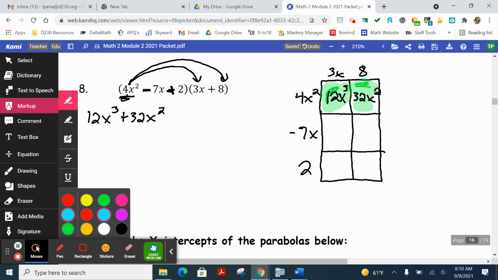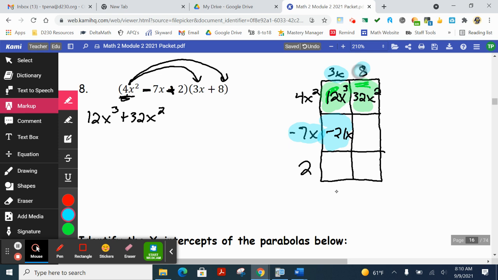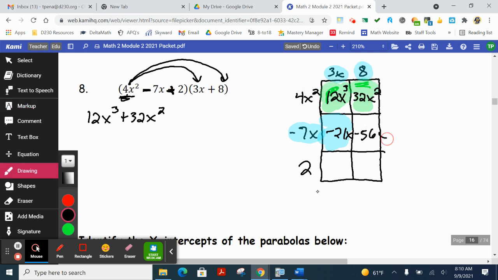Let's revisit that area model. If I now asked you for the area of this little rectangle, wouldn't I have taken a negative 7x times 3 to get a negative 21x? And then take that negative 7x times 8 to get a negative 56x.